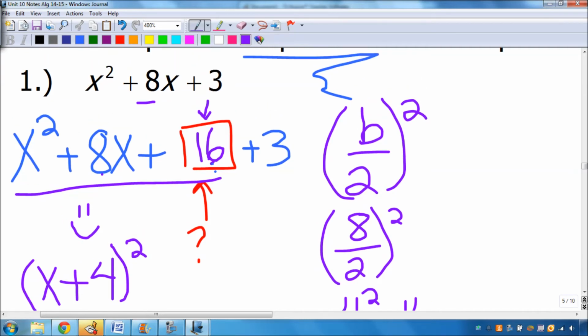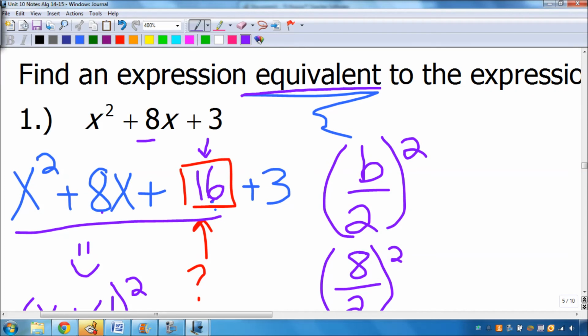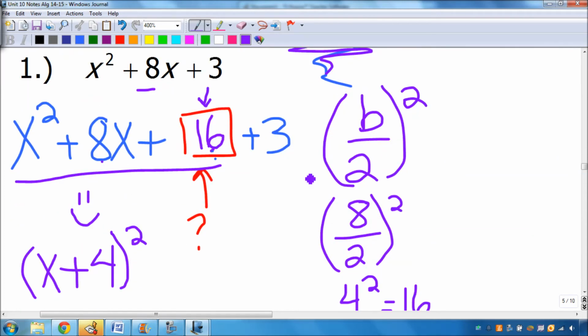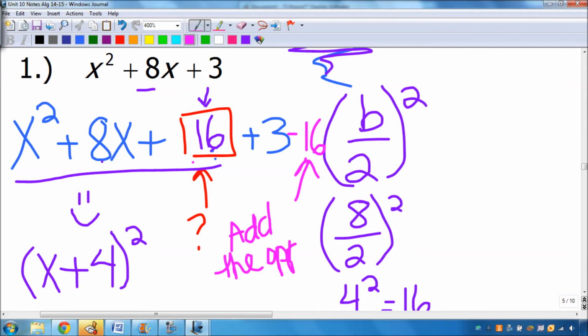However, if I add 16 right here, then I have changed the problem. I've added 16. It's 16 bigger than it was before. So if I do that and I want an equivalent expression, I have to make up for it. So if I add 16, I can get rid of it by subtracting 16, right? Won't these two cancel each other out, this 16 and this negative 16? Absolutely. So you need to add the opposite to cancel.